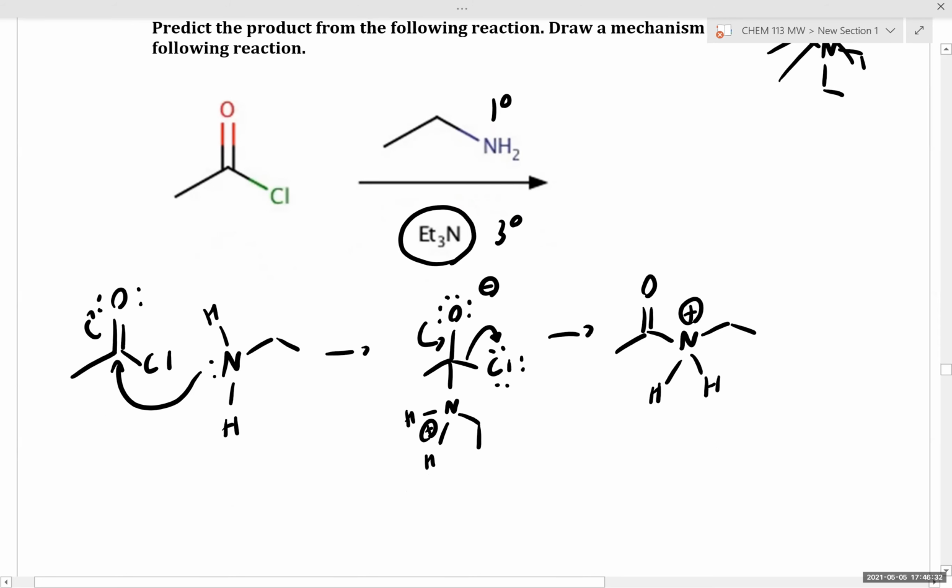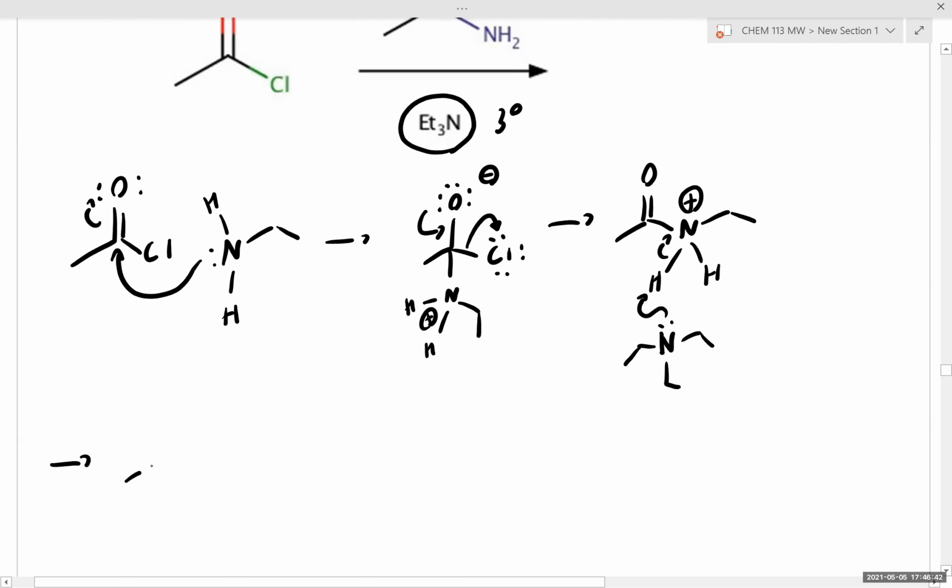From here, triethylamine will pull off a proton from our amide nitrogen, and that generates our neutral isolable final product.